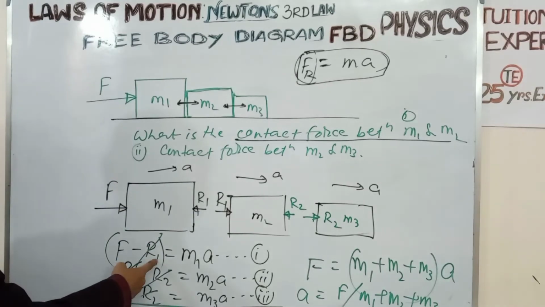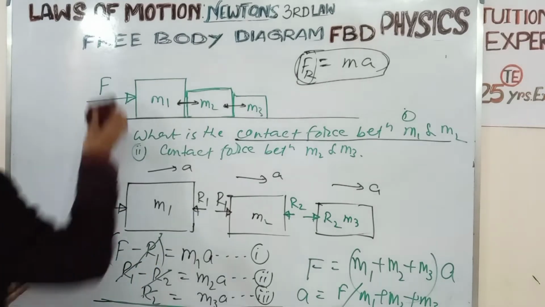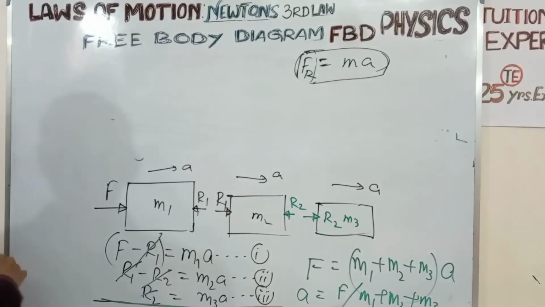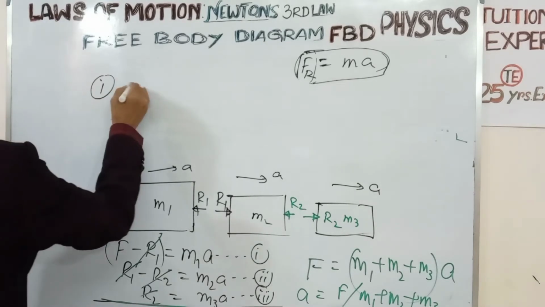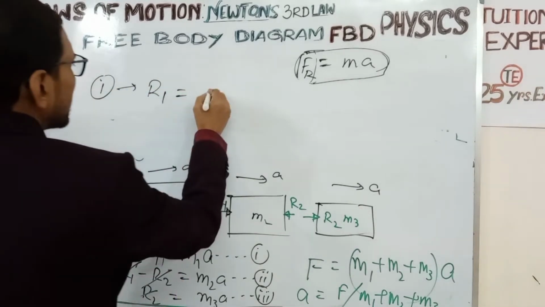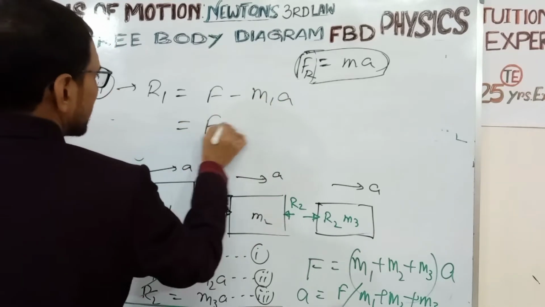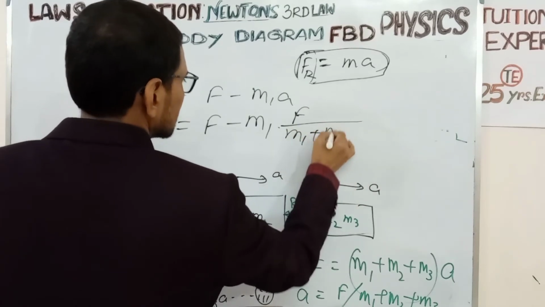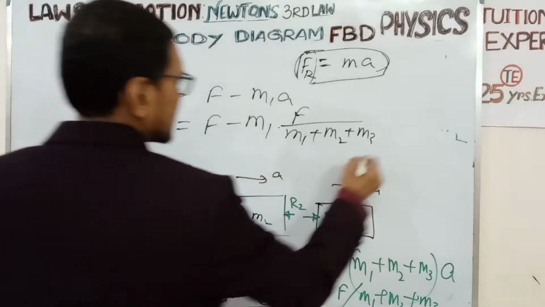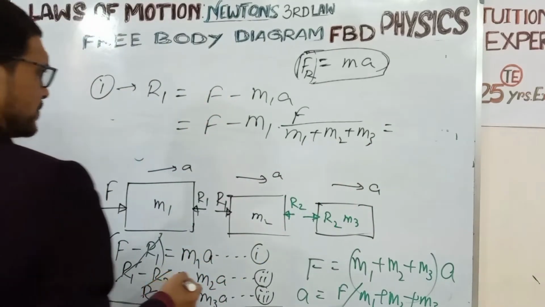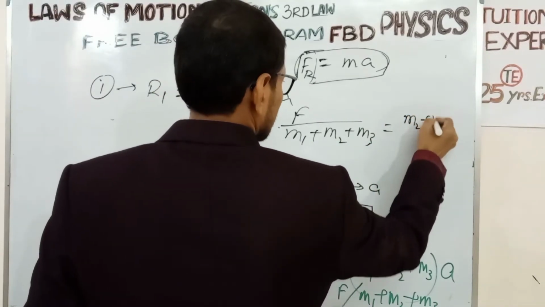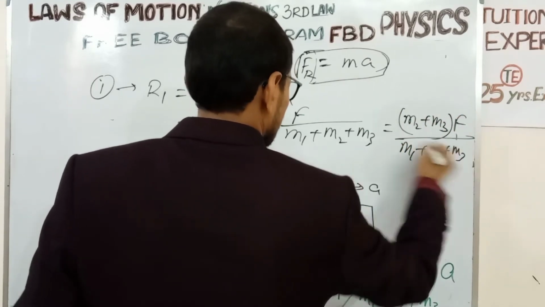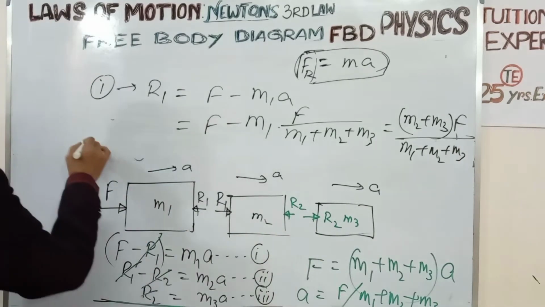So from equation 1 we find R1: R1 equals F minus M1 into A, where A is this result. Now the contact force between M2 and M3 is R2.